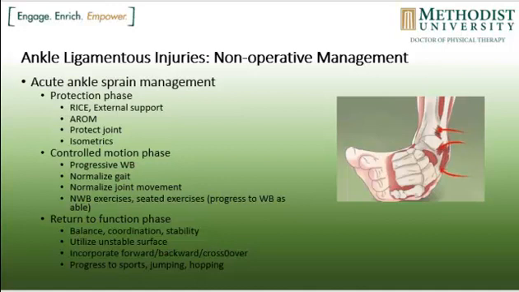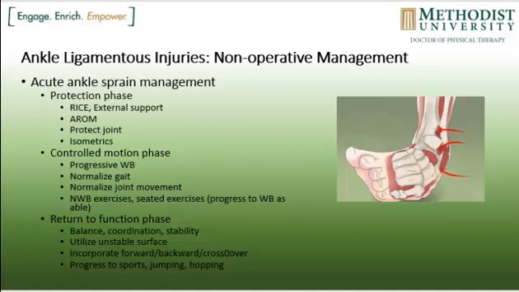The controlled motion phase is where you can begin to integrate progressive weight bearing and normalize the gait. You also want to normalize joint movement, so you can work to perform gentle stretches or subtalar joint mobilizations, especially in that sagittal plane.